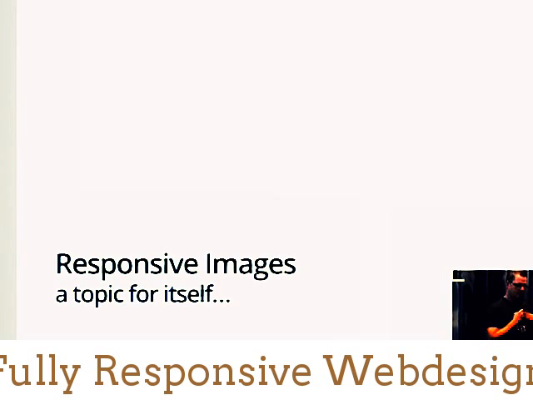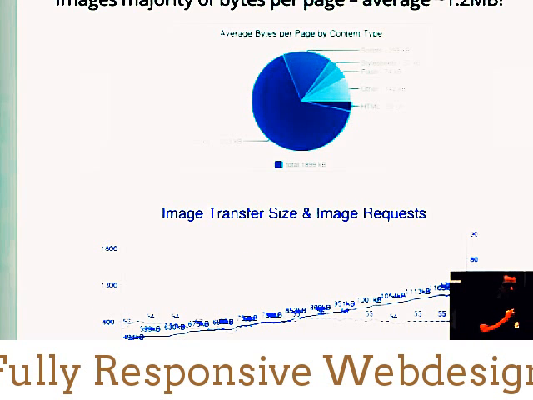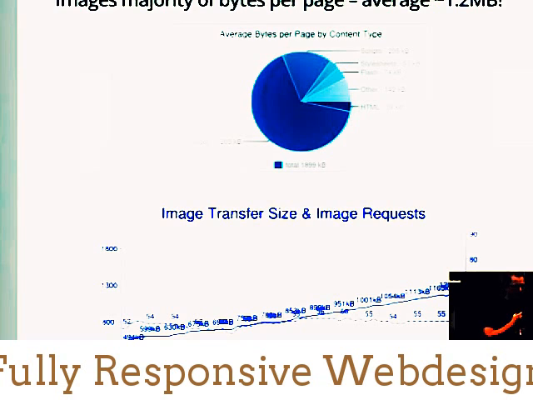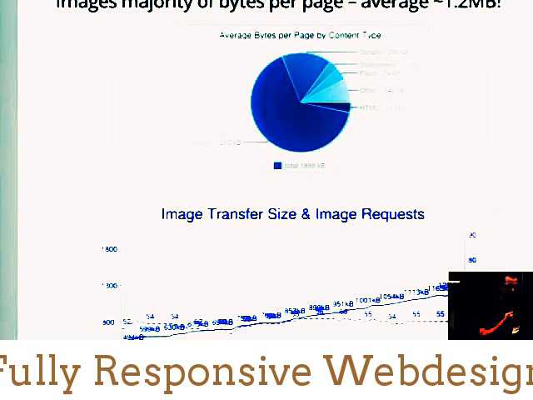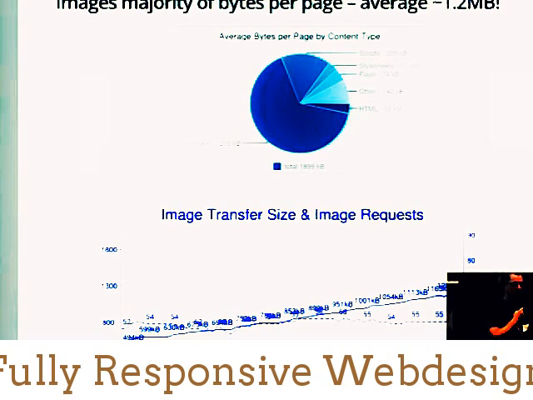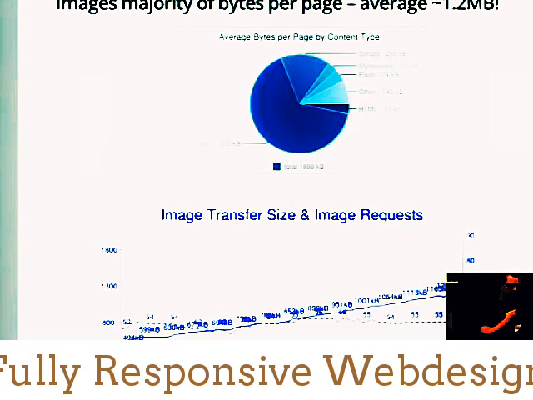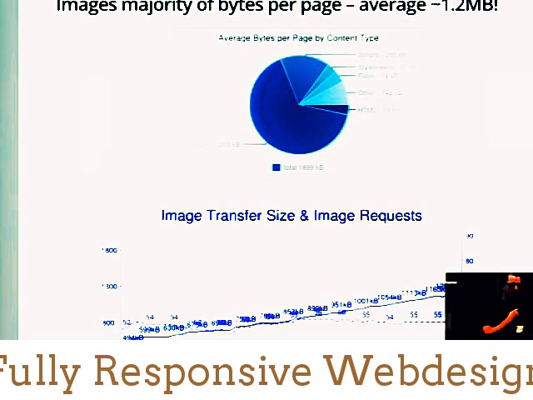Yeah, what's the time? Yeah, responsive images is a topic for itself. Yeah, you know, images are the majority of the average web page now. It is in an average of the 1000 websites of 1.2 megabytes.